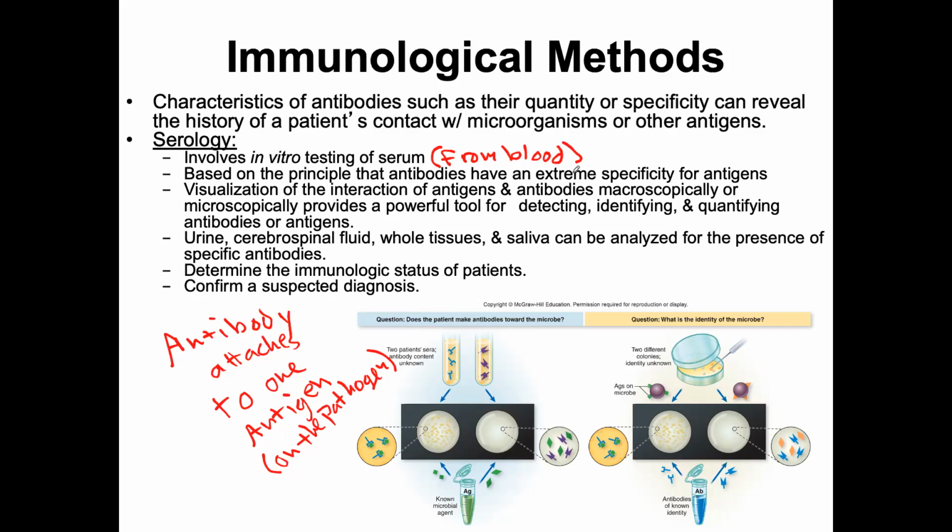Urine, cerebrospinal fluid, whole tissues, and saliva can be analyzed for the presence of a particular antibody, and that allows you to determine the immunologic status of the patient, meaning have they been exposed or not exposed?